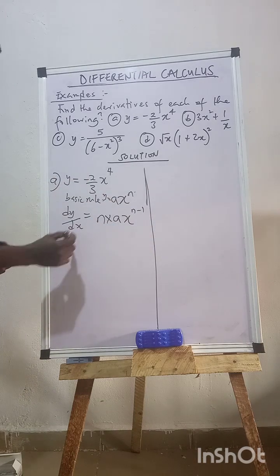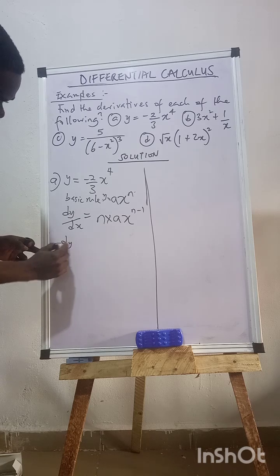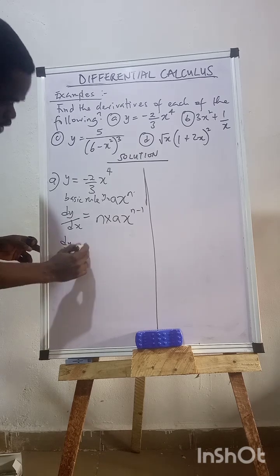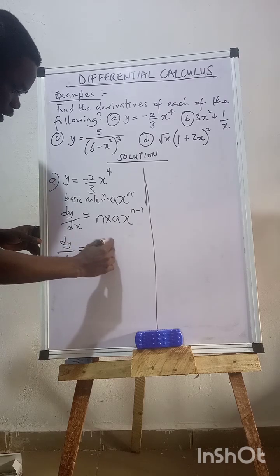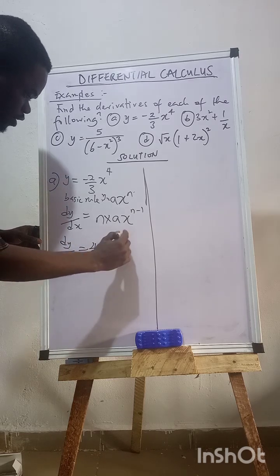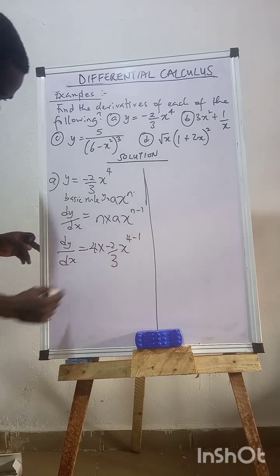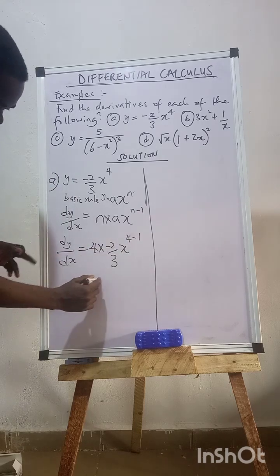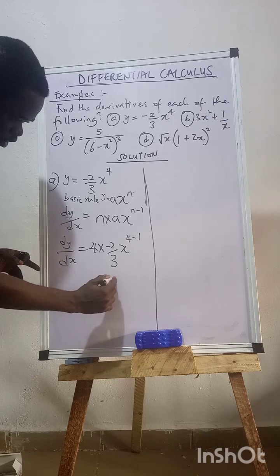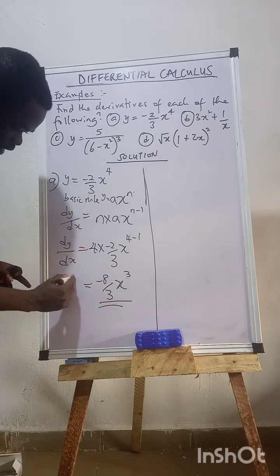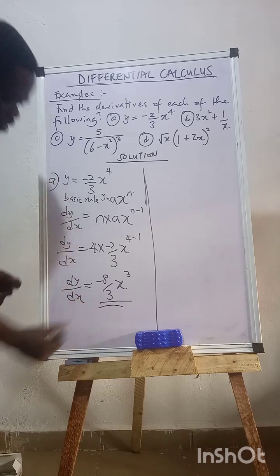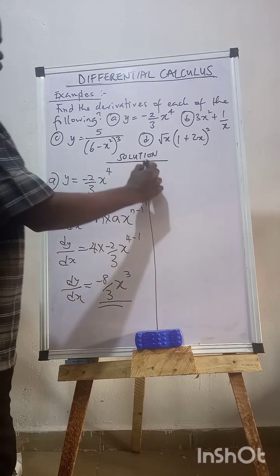So using that in this question, dy over dx is equal to 4 comes to the front, multiplied by minus 2 over 3 x, 4 minus 1. So 4 times minus 2 is minus 8 over 3 x raised to power 3. That is the dy over dx of A.